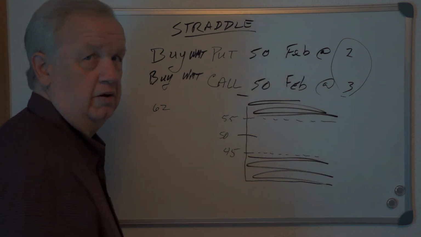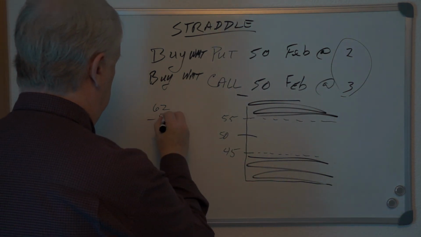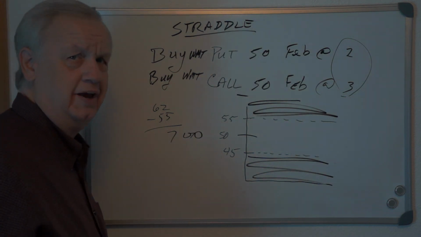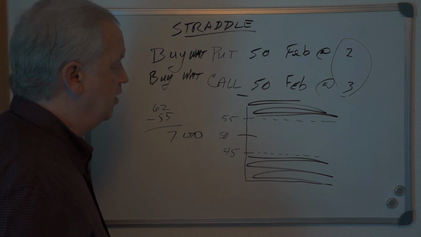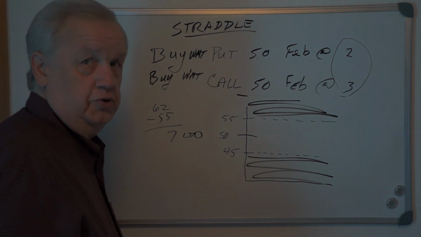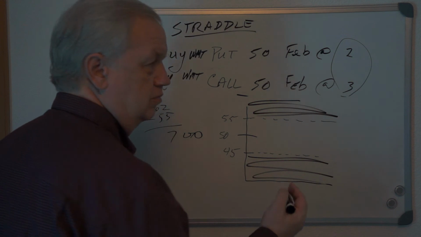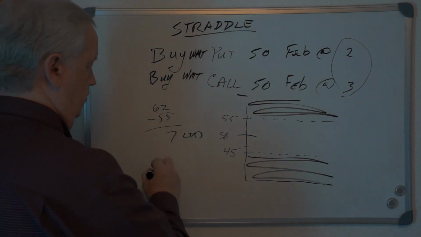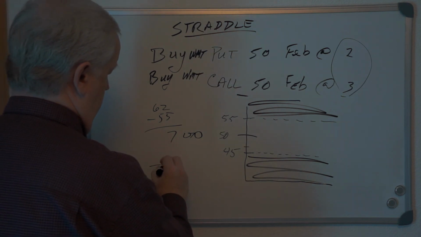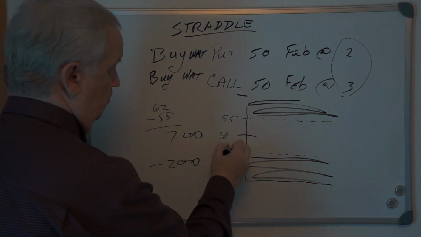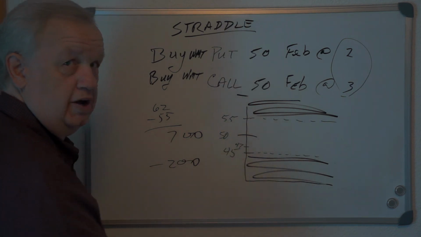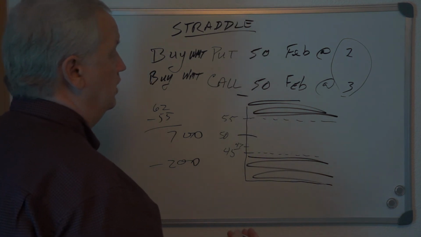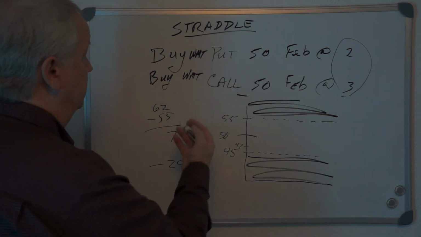How much money did I make? $700. Piece of cake. Maybe it went down to 42, 40, or 47. 47 is 2 points away from 45. This isn't rocket science. Don't let it be. Okay? Now, that is a straddle.